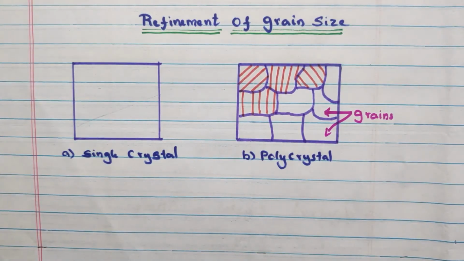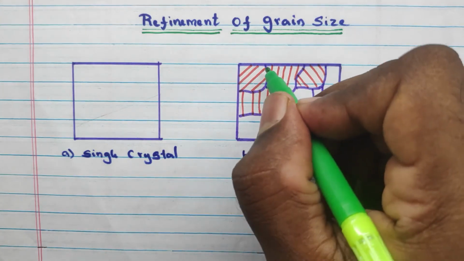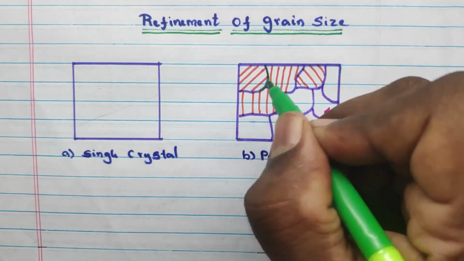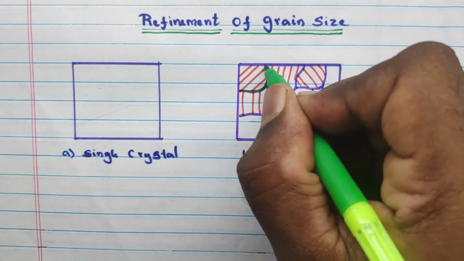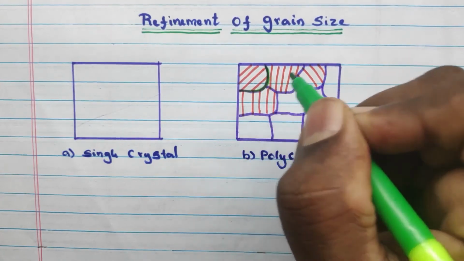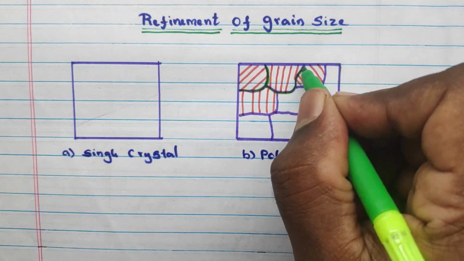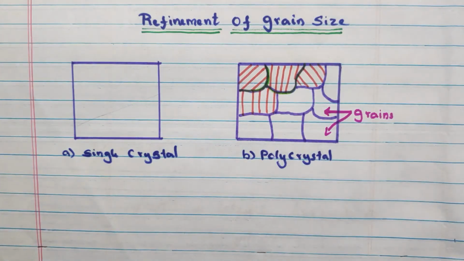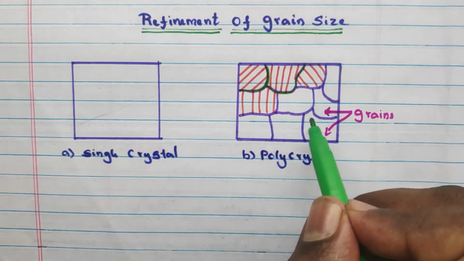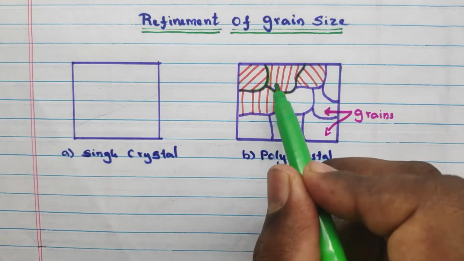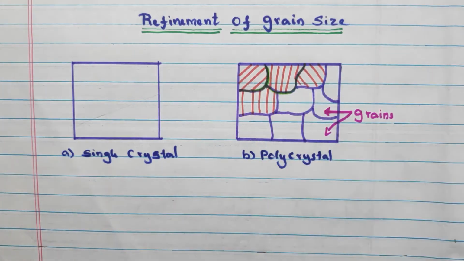Because of this change in orientation, you can see the formation of grain boundaries between the unit cells. These are the grains, and these are the grain boundaries. Now I just want you to remember the slip.